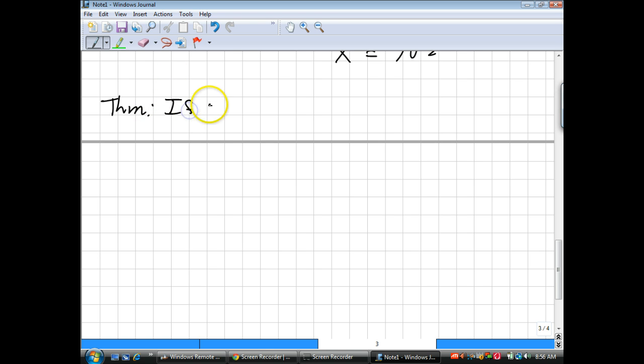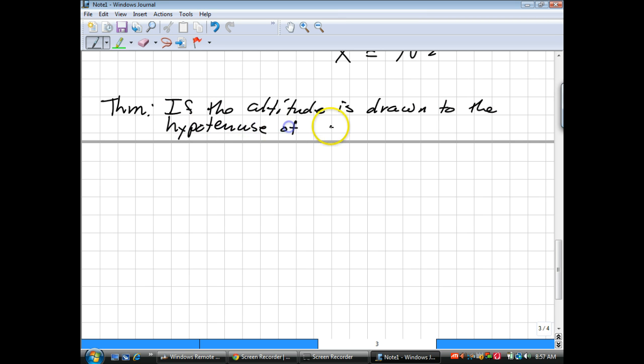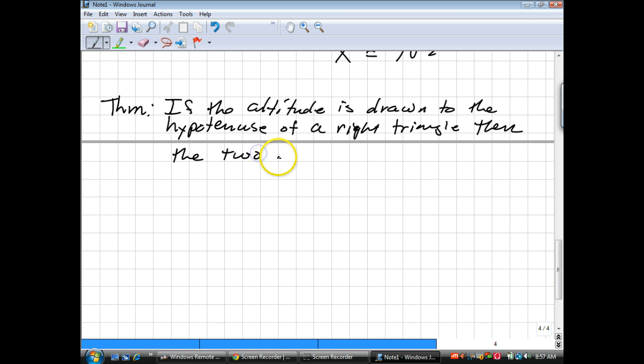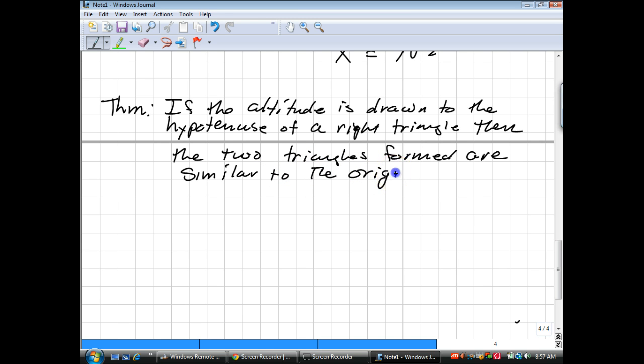It says, if the altitude is drawn to the hypotenuse of a right triangle, then the two triangles formed are similar to the original triangle and to each other.